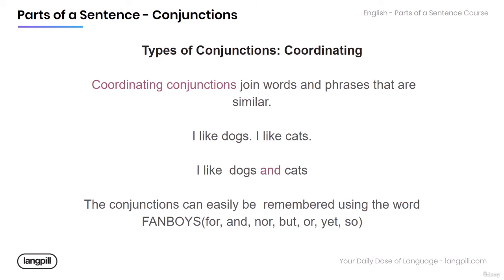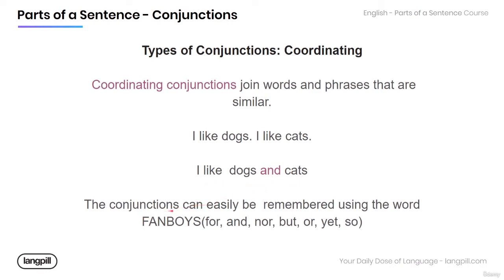All right, so here we have coordinating conjunctions. And remember, coordinating conjunctions, they join words and phrases that are similar. So here we have, I like dogs, I like cats, right? We have I like, okay? So these sentences are similar, but we can use a coordinating conjunction to make it, I like dogs and cats.